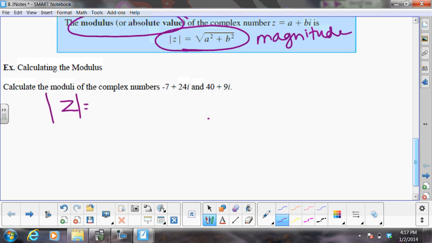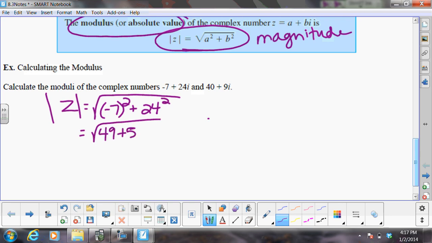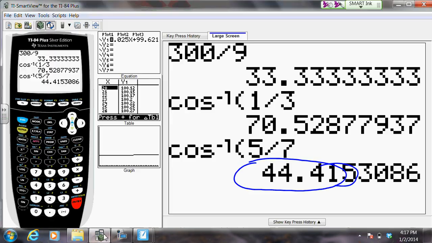For the first one, it's the square root of negative 7 squared plus 24 squared, which is 49 plus 576, which actually is a perfect, that can't be right. Let's check this. My paper sounds really incorrect.